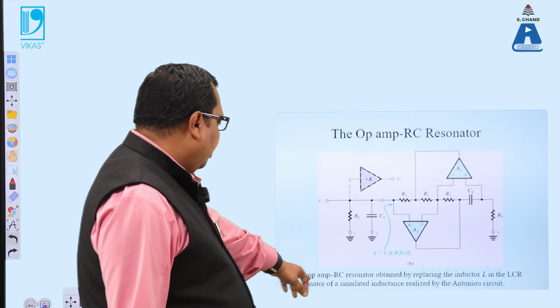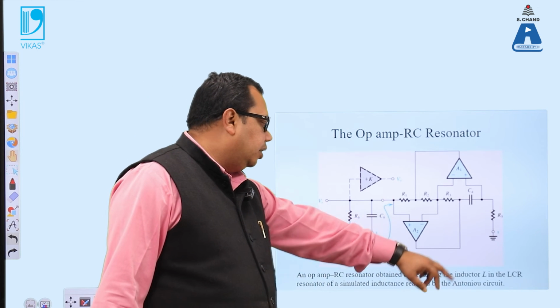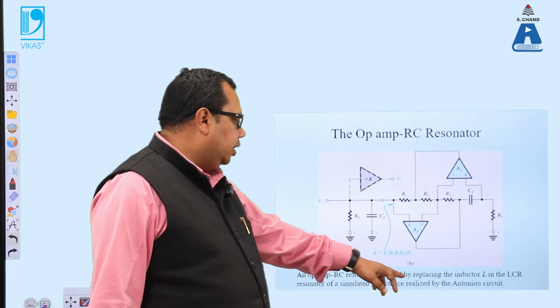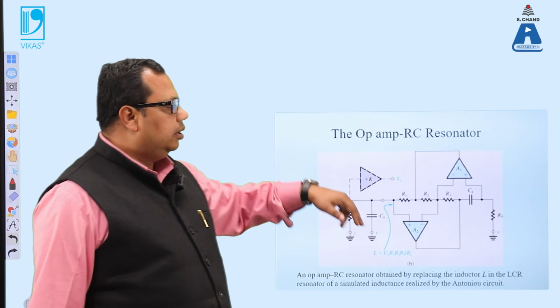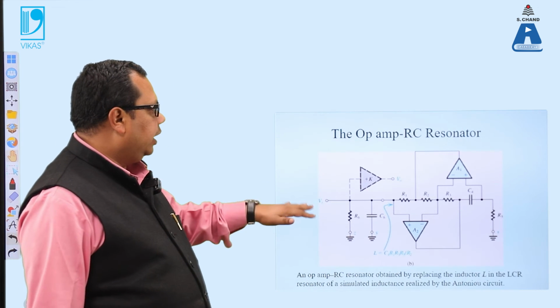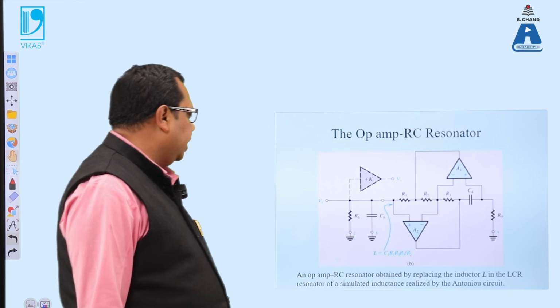This is the operational amplifier RC resonator. It is obtained by replacing the inductor L in the LCR resonator circuit with the simulated inductance realized by the previous circuit. This is how the variations in the circuit can be calculated.